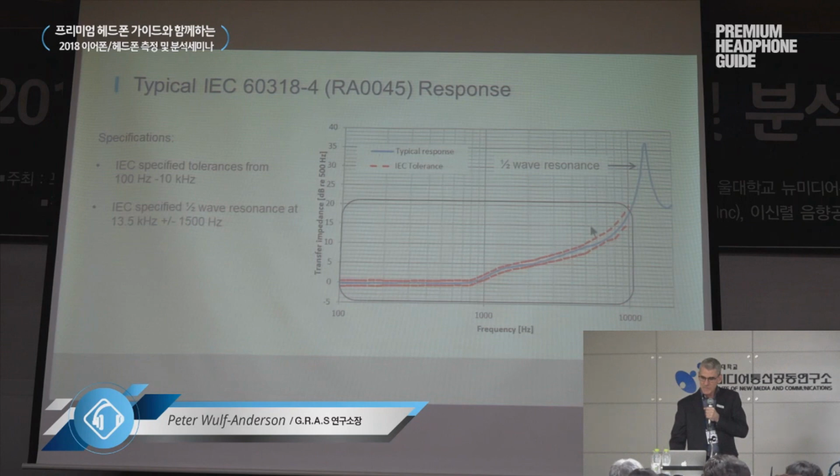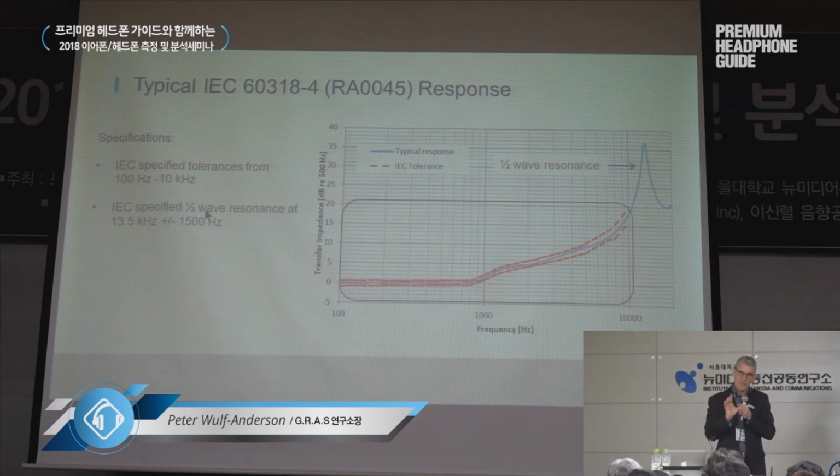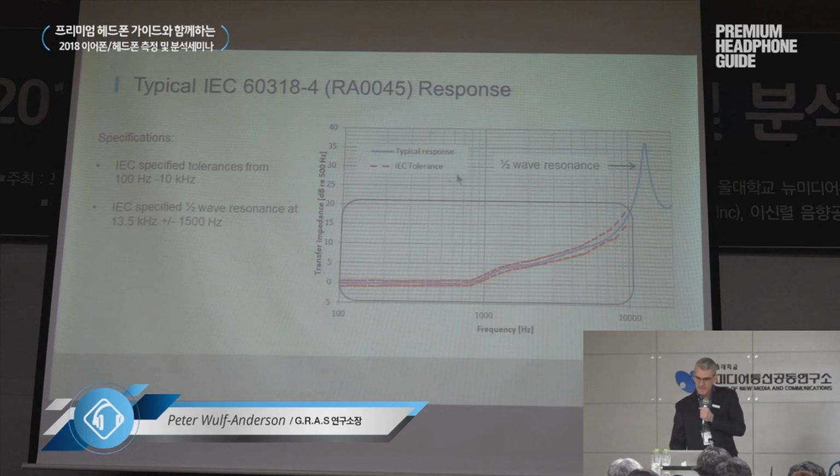And it also specifies that the coupler should have some kind of resonance around 13.5 kilohertz, but with a fairly wide tolerance of 1500 hertz, plus minus. That means that this resonance peak can move up and down in frequency quite a lot, making the measurements up at high frequency even more difficult to do.